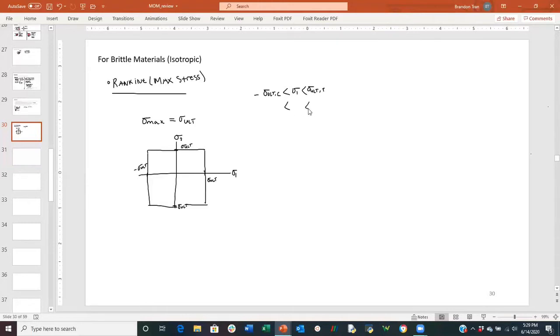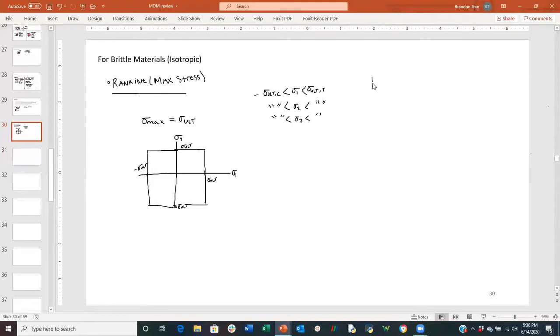So essentially that persists for the other two normal stresses. Okay, so the maximum normal stresses are the principal directions, and when we find the principal stresses, there are no shear stresses that are considered, so it's only just these guys. And yeah, our criteria must lie within the boundaries of ultimate compressive and tensile strength here.